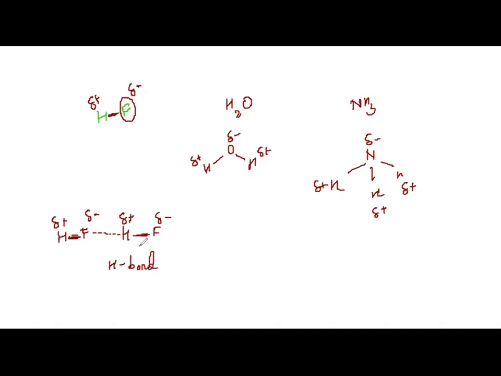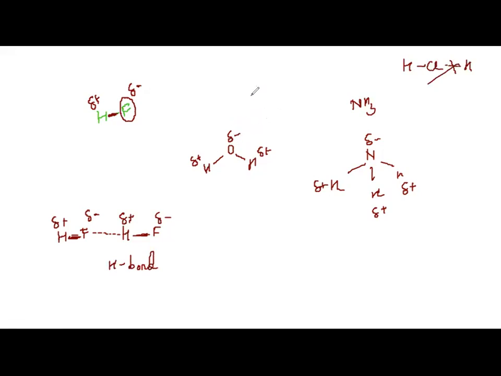Therefore I define hydrogen bond as the bond formed between hydrogen and the most electronegative atoms like fluorine, oxygen and nitrogen only. You cannot take HCl and say there is hydrogen bond. No, there is no hydrogen bond here. Understanding? So the bond formed between hydrogen and a more electronegative atom, fluorine, oxygen and nitrogen, is called hydrogen bond.